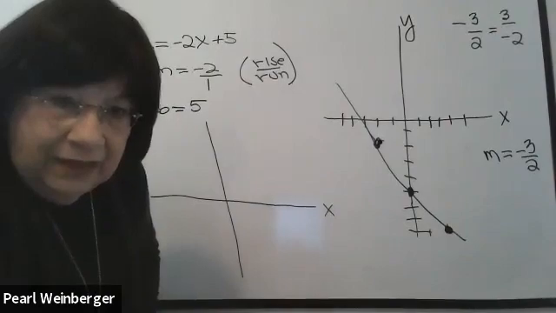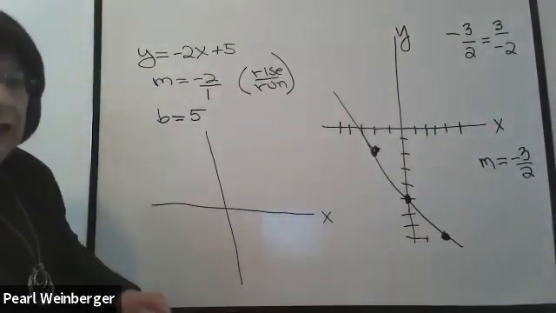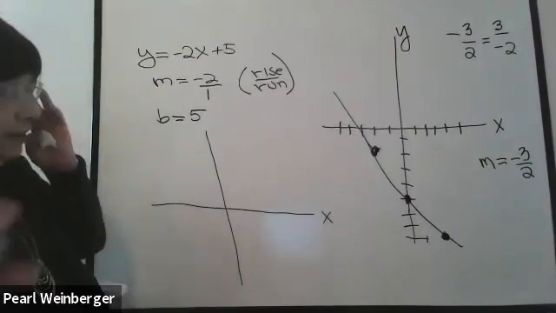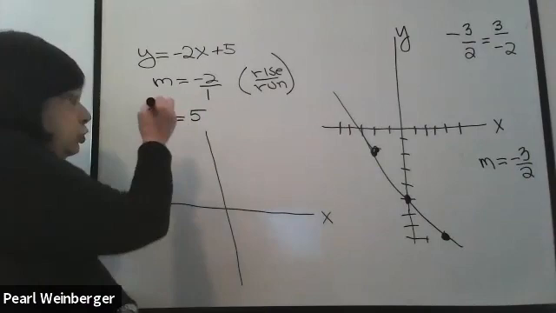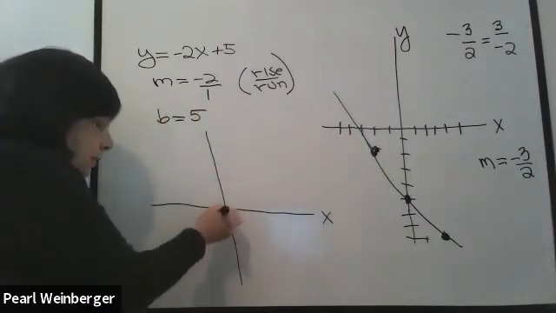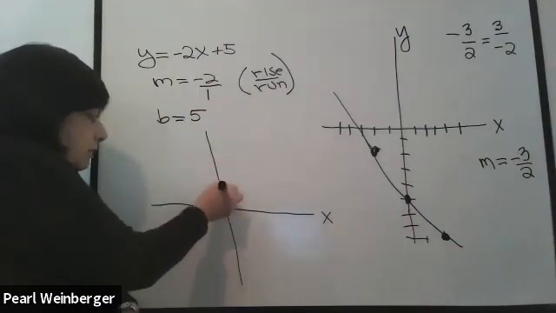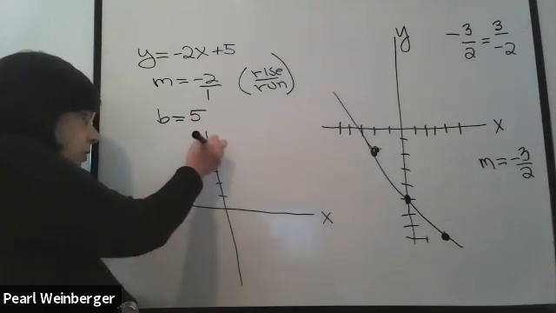All right. So Corey, you're listening carefully on this also. I'm going to talk about the negative numbers in a minute. We always start at the y-intercept. So if the y-intercept is 5, it's positive. That means 1, 2, 3, 4, 5.